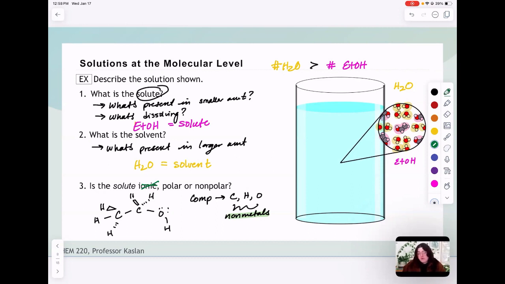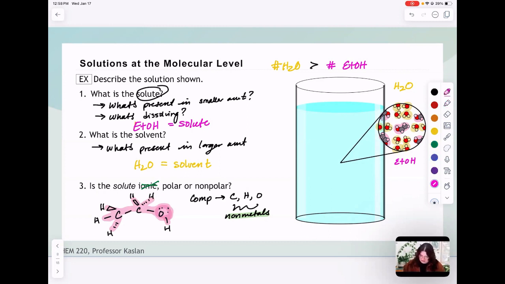However, let's prove that to ourselves by looking at the structure of the molecule. Just like we did earlier, we look at the electron cloud distribution in this molecule. We recognize that we've got this very, very polar hydrogen-oxygen bond that is going to cause our electron cloud to be kind of bulging around that oxygen due to its very strong electronegativity.